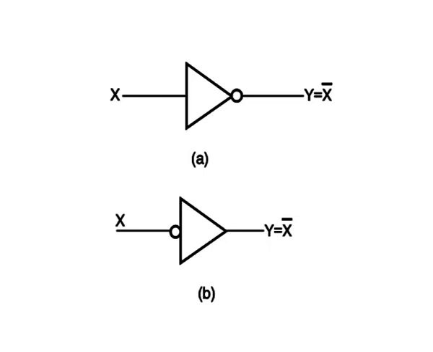When appearing on the output, the bubble means that a 0 is the active or asserted output state and the output is called an active low output. The absence of a bubble on the input or output means that a 1 is the active or asserted state and in this case the input or output is called active high.